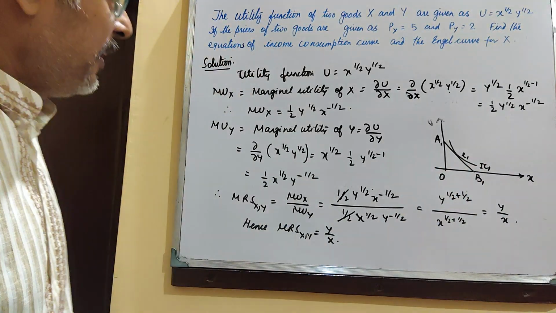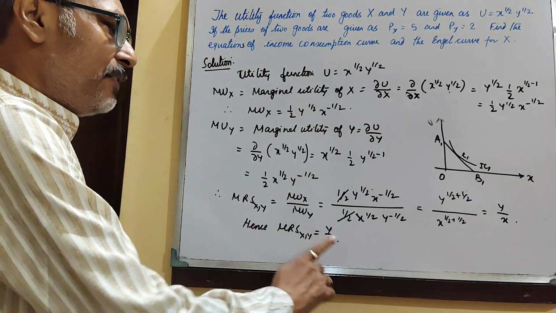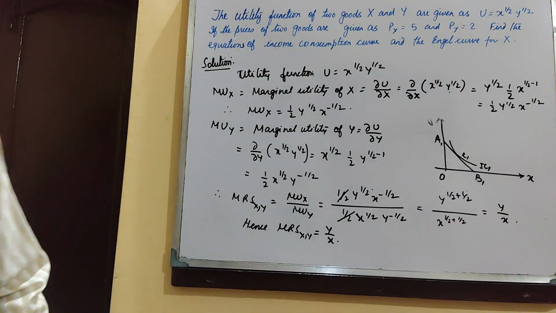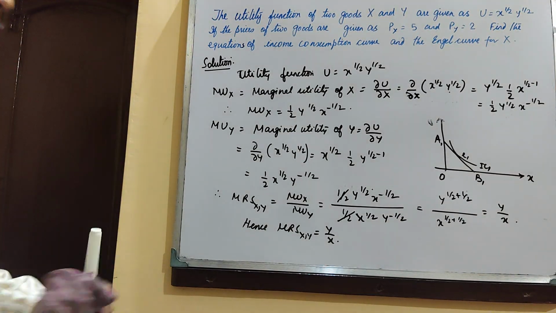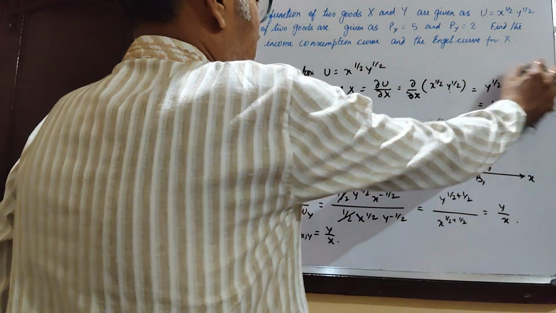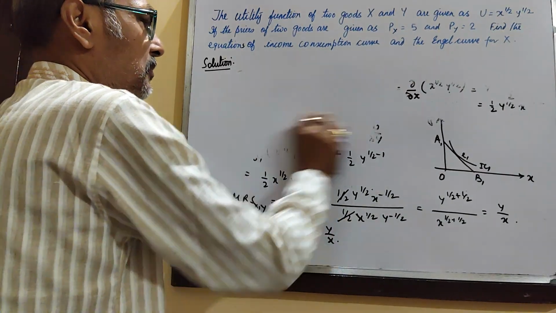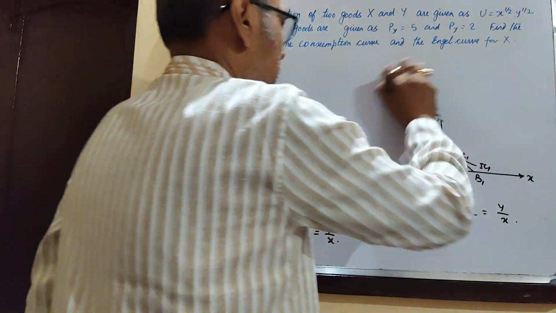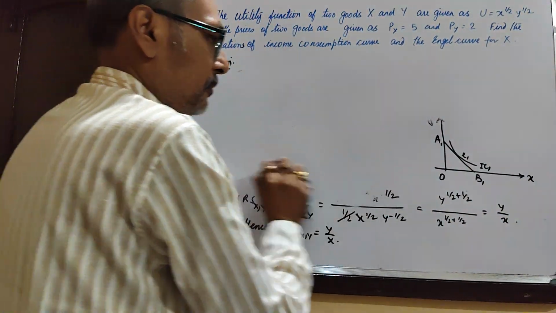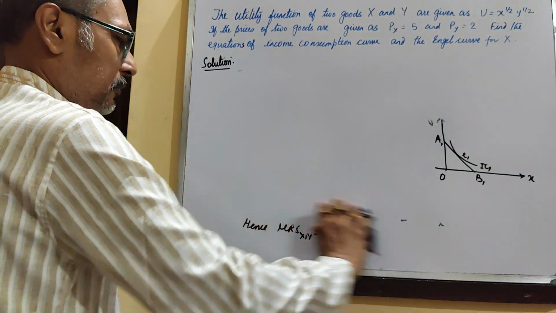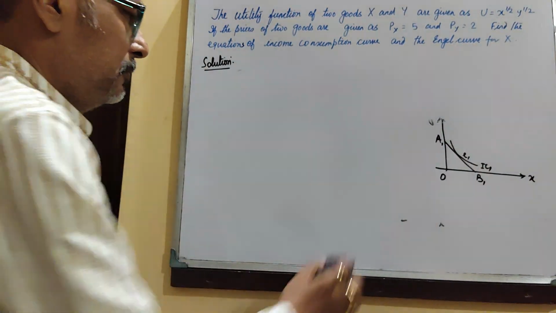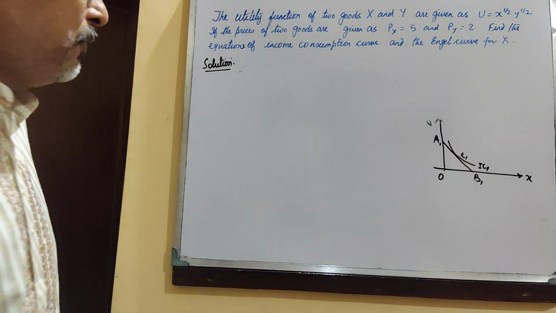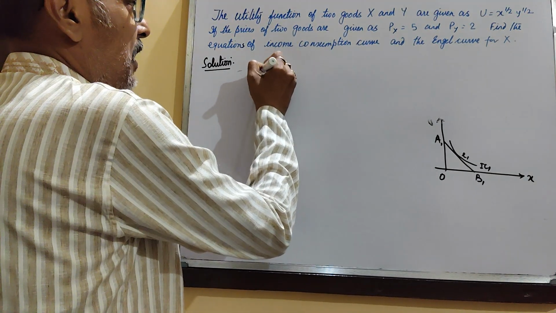Now, we show that MRS equals Px by Py at equilibrium. MRS xy equals Px by Py.